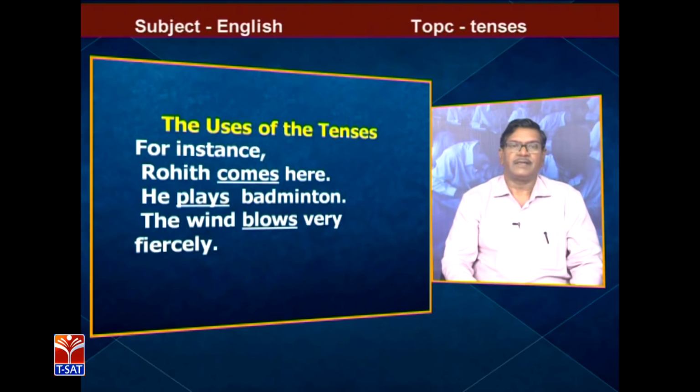I am waiting for him. He plays badminton. The wind blows very fiercely. The things which happen at the time of speaking. So, these happen at the time of speaking.